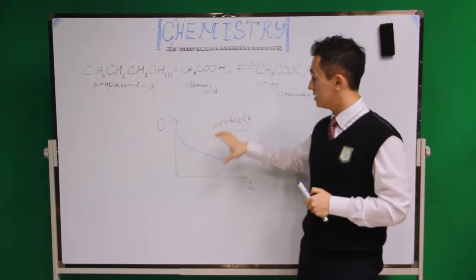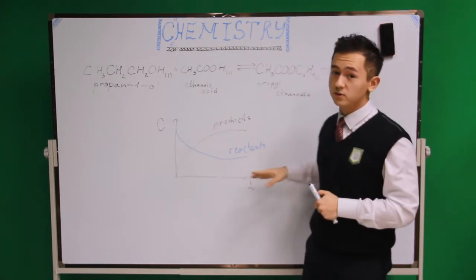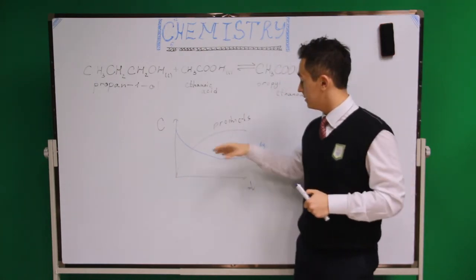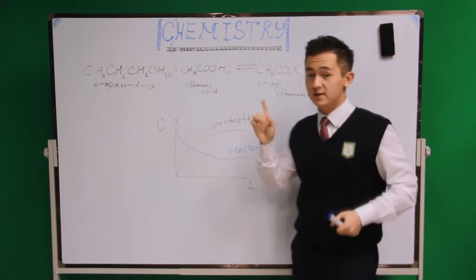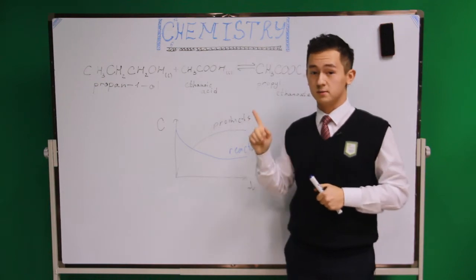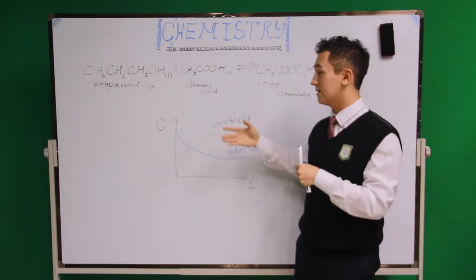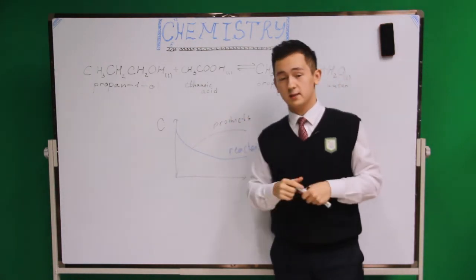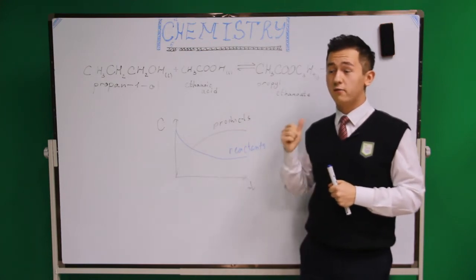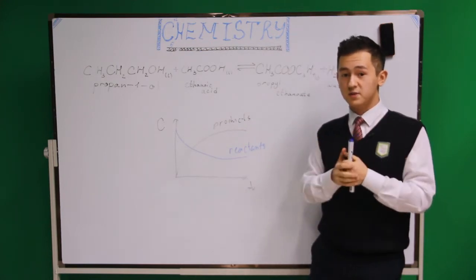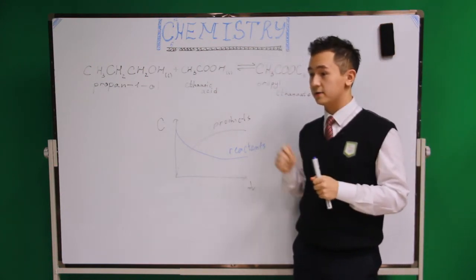So the concentration during the time will remain constant, and there is no change, but it doesn't mean that it's stuck in the middle. This reaction is continuing, but as I said before, backward and forward reactions are opposite and equal. So that's why dynamic equilibrium occurs.